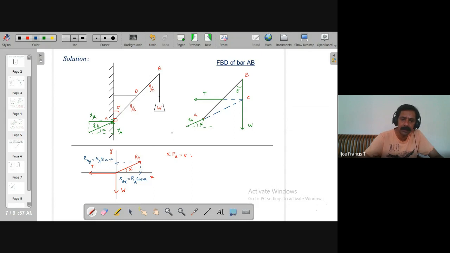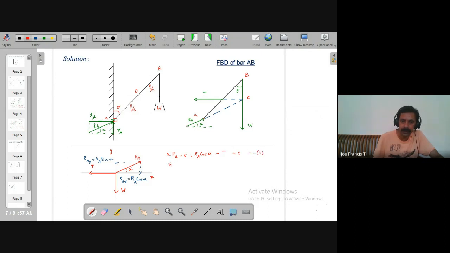With this in mind, we can write equations of equilibrium. Sigma Fx equal to 0 means the force in the x direction, RAx or RA cos alpha, minus T is equal to 0. It's equation number 1.